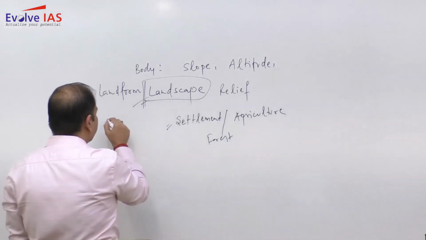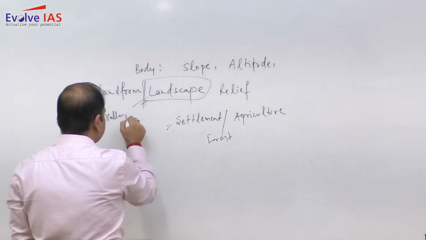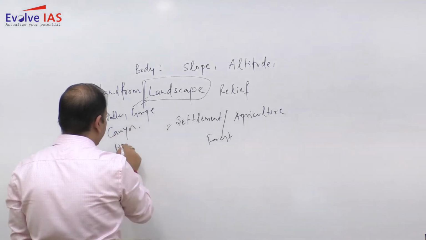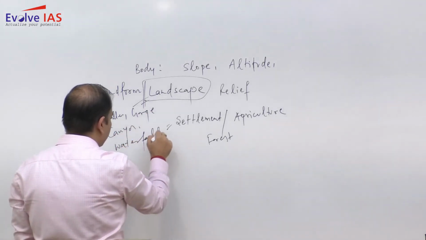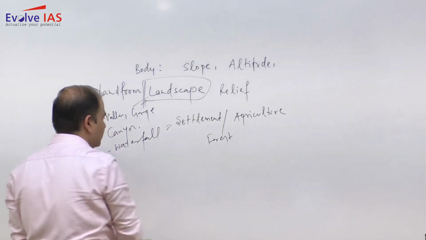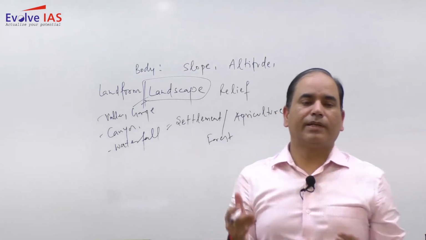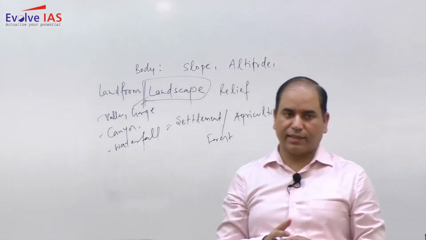So you need to give the references of valleys, gorge, canyon, waterfall. So you need to treat both the aspects of landform as well as landscape.